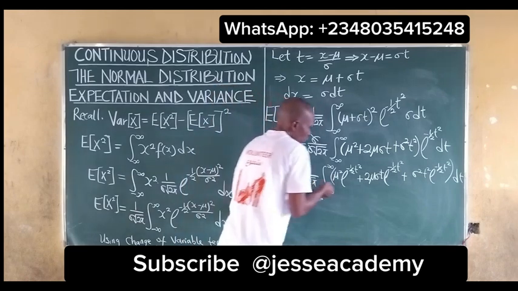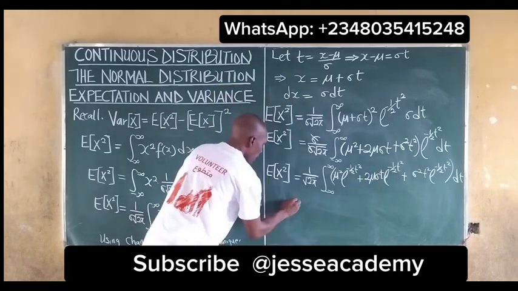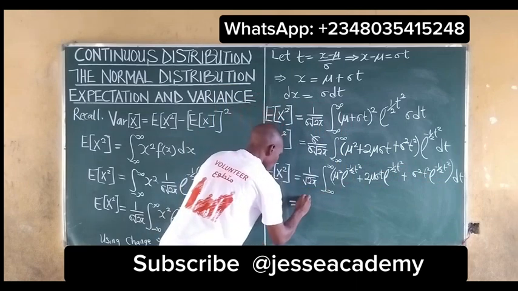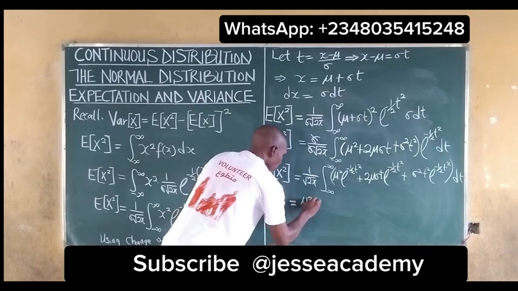The next thing is to use the whole of this and put it here. So we have this multiplied by this to give us mu squared separately.